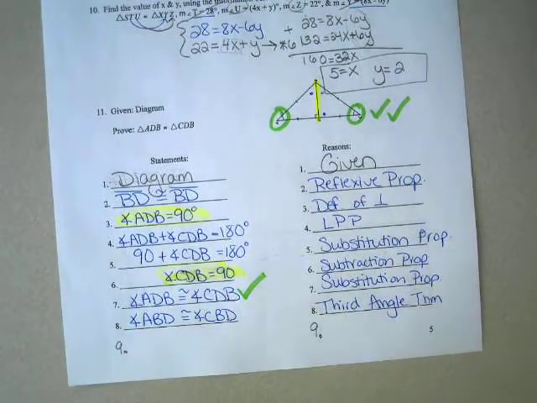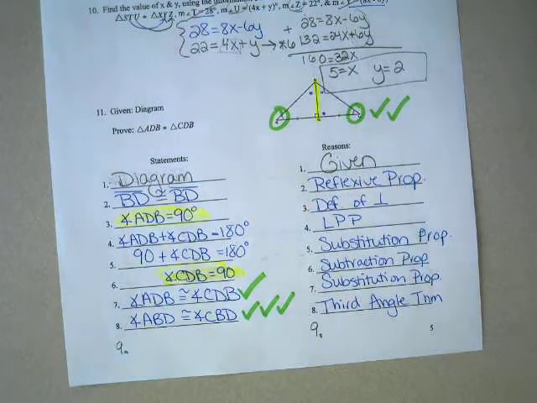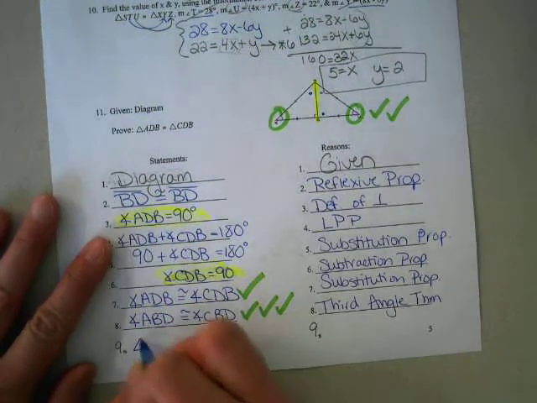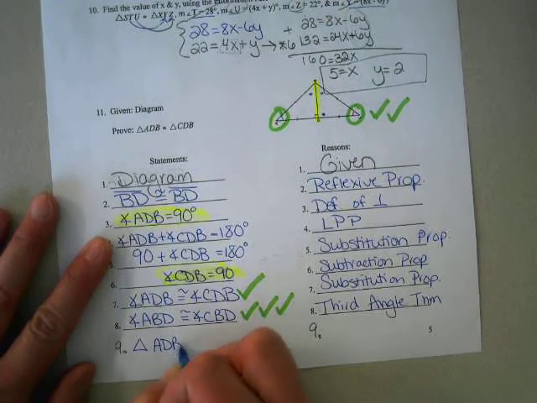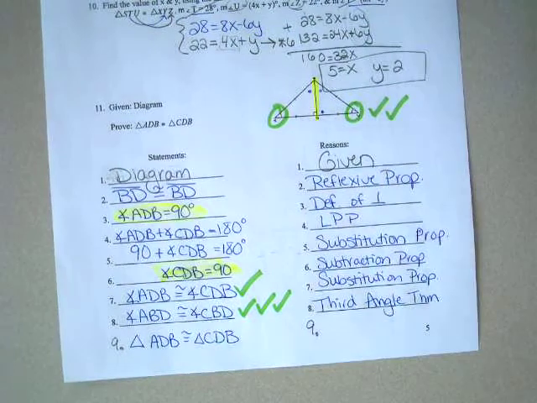So now I've got my third angle here. I've got three sides, I've got three angles. I've shown all six parts. So my triangles then are congruent. What are you going to put there?